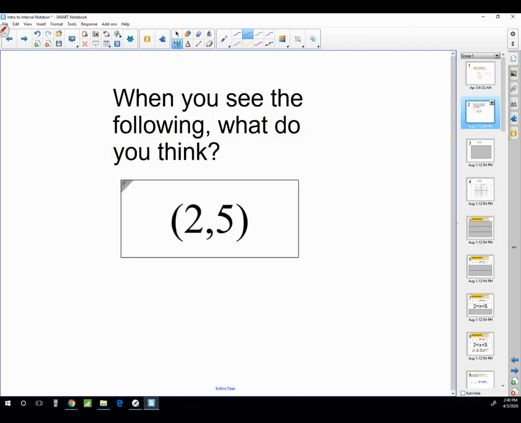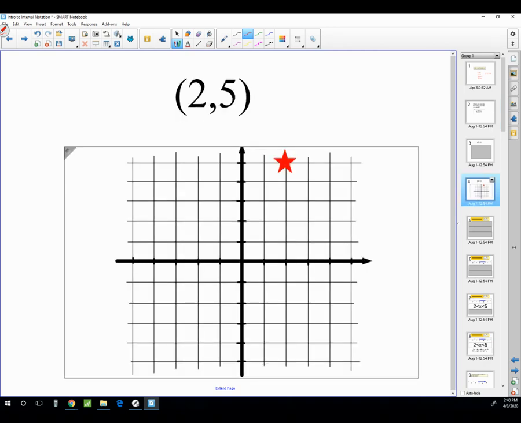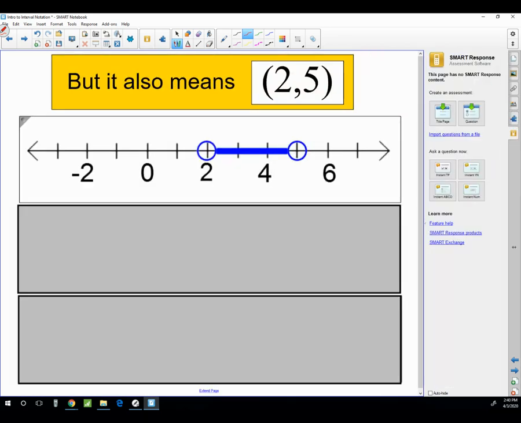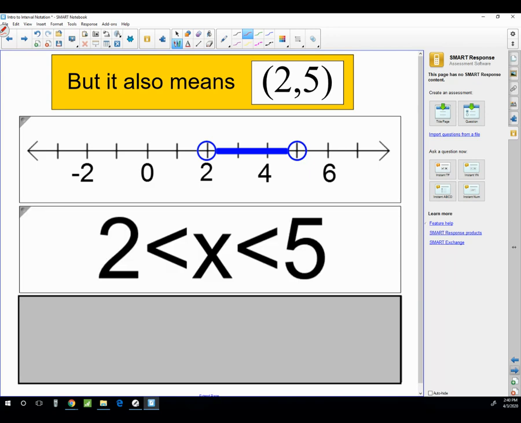When you see that, generally we think of the point, 2 right, 5 up on the Cartesian plane. But it could also mean the numbers between 2 and 5. So there you don't have any equal to's, which means the circles are empty.